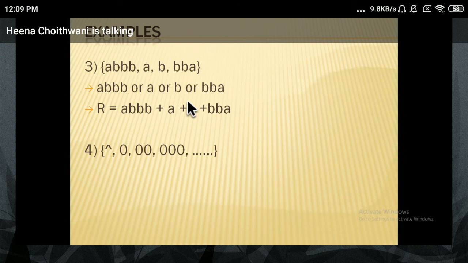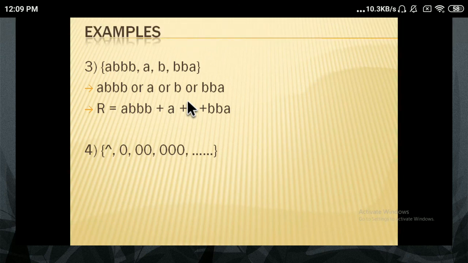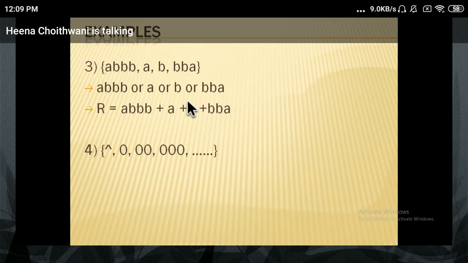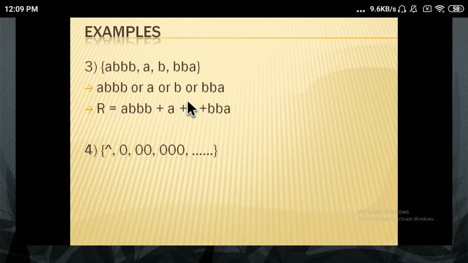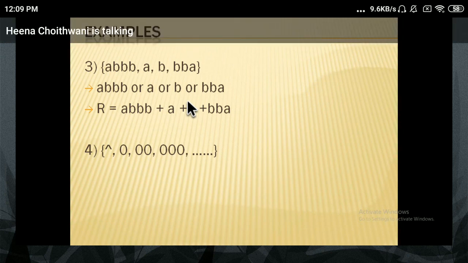I got one answer from Sanjana. I repeat, we have all possible strings which contain 0 of length 1, 2, 3, and so on. So there are two closures which will give you all possible strings of any particular string.